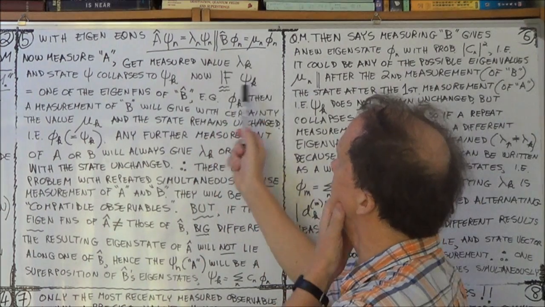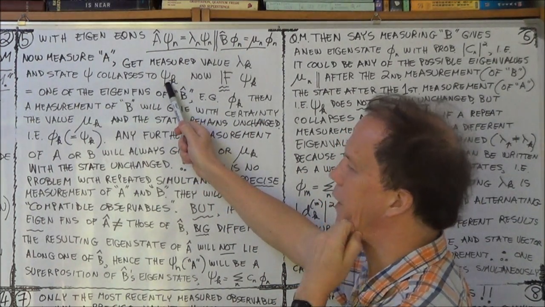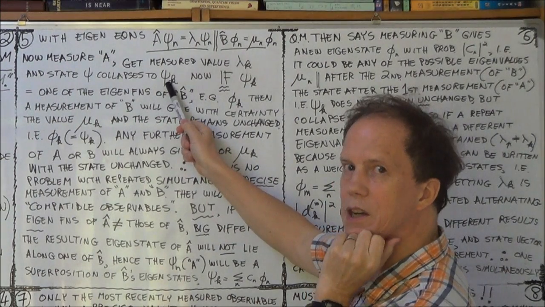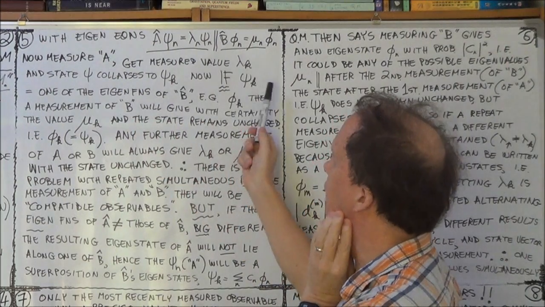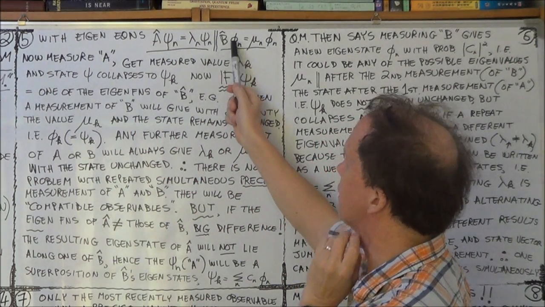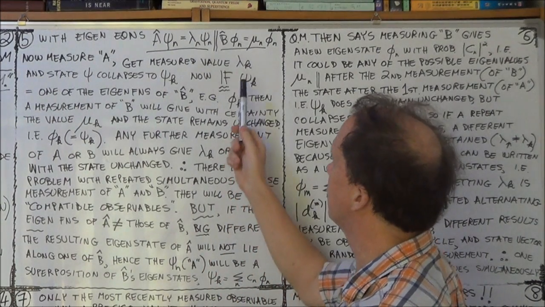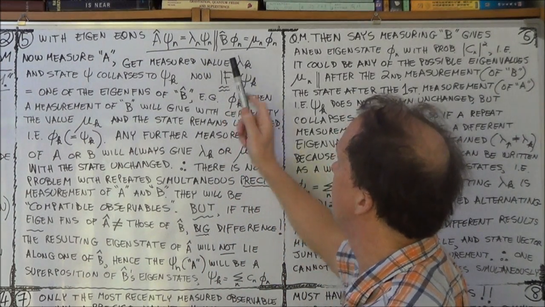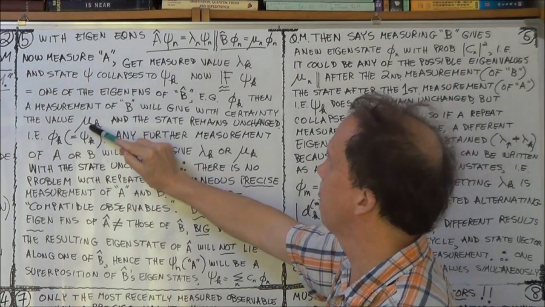So if the eigenstate that you get after you do measurement A happens to be one of the eigenstates of B, then you will get the measured value for B as one of these mu's, let's say mu k.